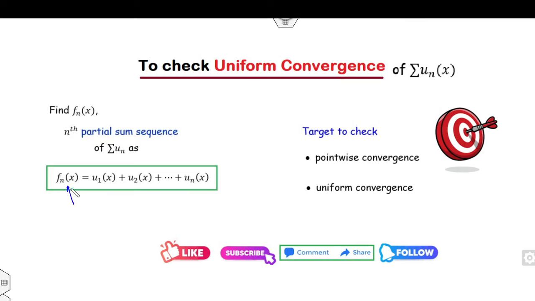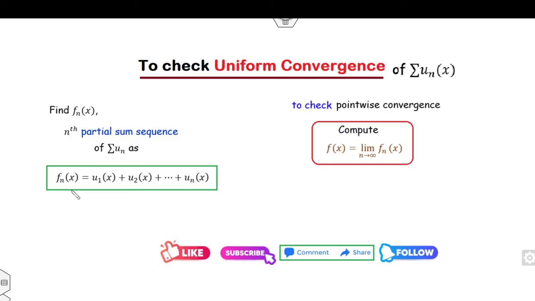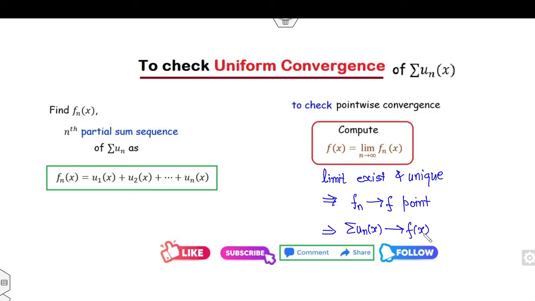We first define the nth partial sum sequence, and then we define the pointwise convergence like the limit as n approaches infinity. If this limit exists and is unique, remember uniqueness is also most important, then you can say f_n(x) converges to f pointwise. This implies the series summation un(x) converges to f(x) pointwise.